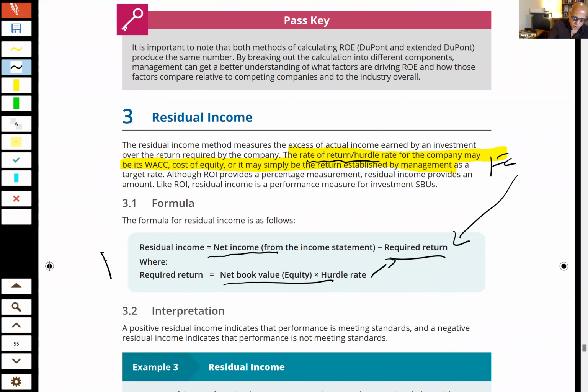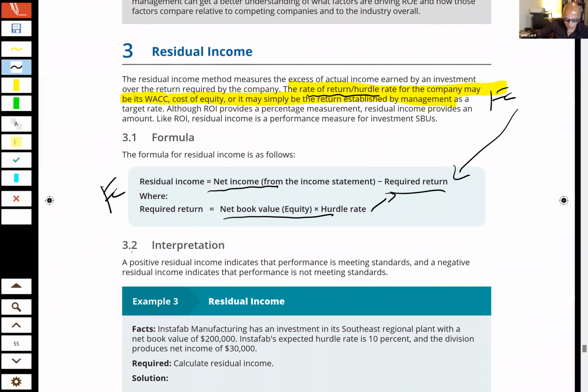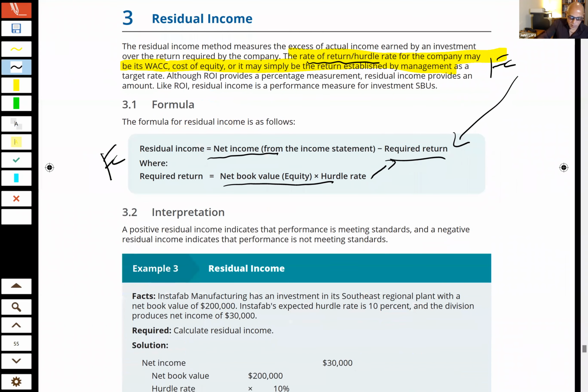So go ahead and flashcard that, since they're calling that out as a formula. A positive residual income indicates that, yeah, this is meeting the standard. Negative indicates that performance is not meeting the standard. So flashcard that.